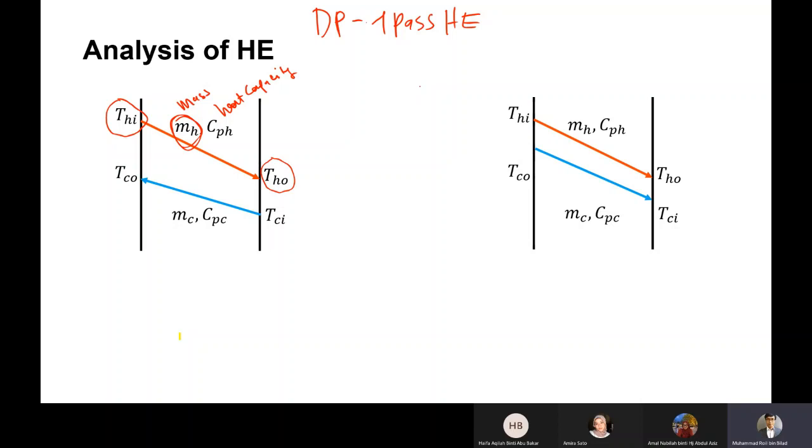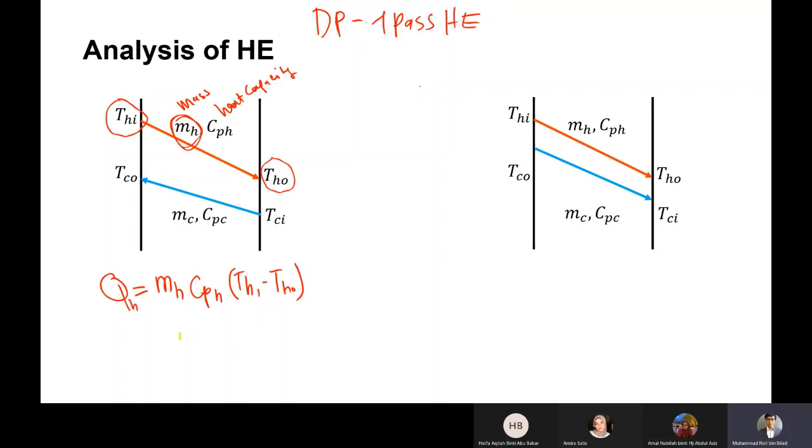Okay, and we know that when we transfer heat, the equation is, referring to the hot, Q hot equal to the mass of the hot times Cp of the hot times delta T, which is T hot in minus T hot out. So that's one. This is Q hot.